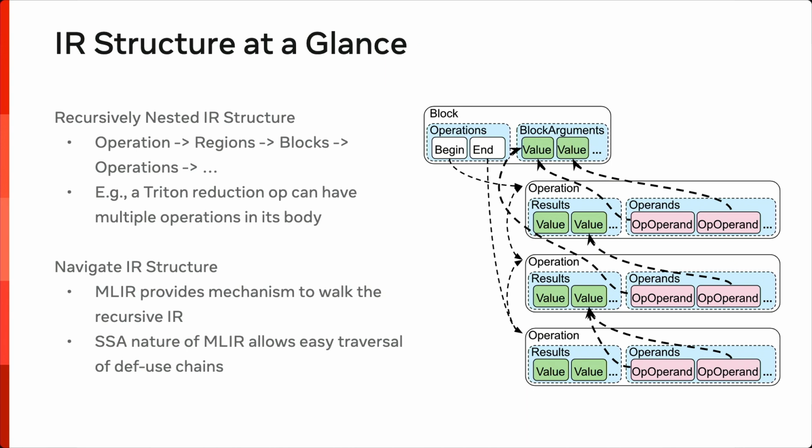There are many different ways to navigate the IR structure, in addition to just iteratively visiting each operation in program order. For one, MLIR provides a mechanism to walk the recursive IR, and this is something that we'll see later in an example.